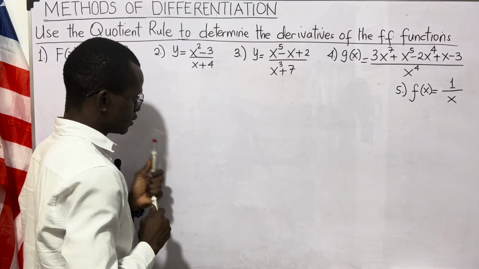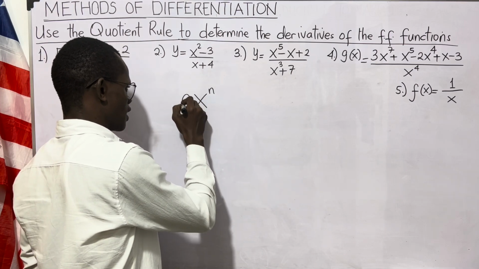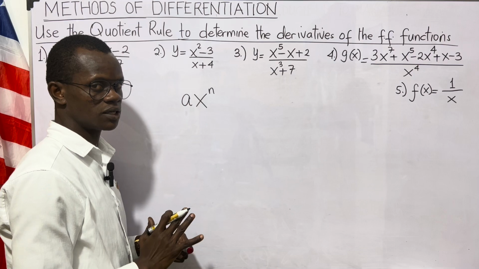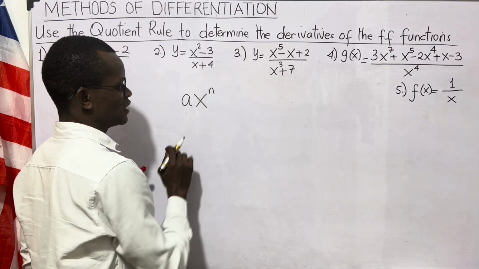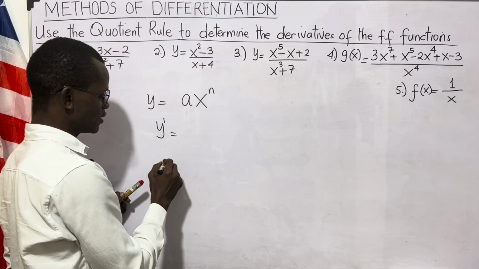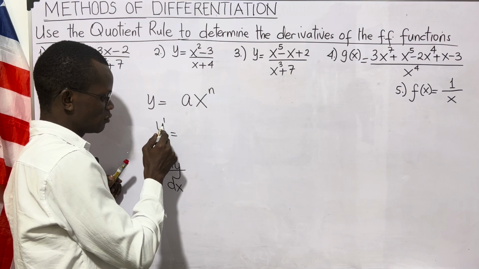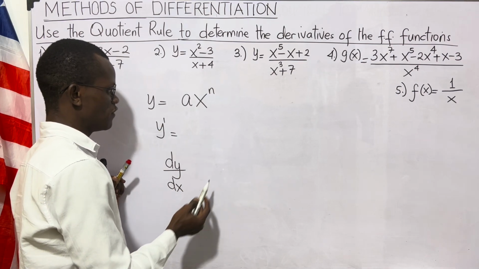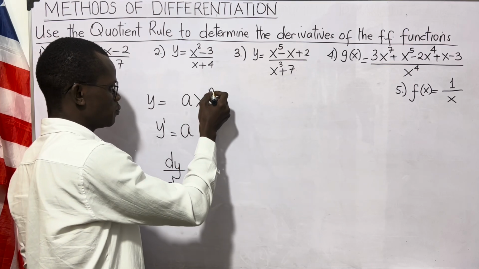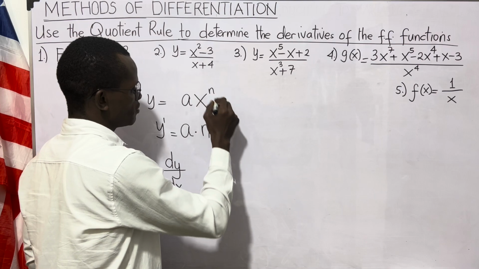The power rule says if we have ax raised to the power n, where a is a constant and a is not equal to 0, and this is a function, then the derivative of this function, y prime, or dy by dx, the derivative of the function y with respect to the variable x, is found by bringing down the power n, and then subtracting 1 from the power, so it's n minus 1.